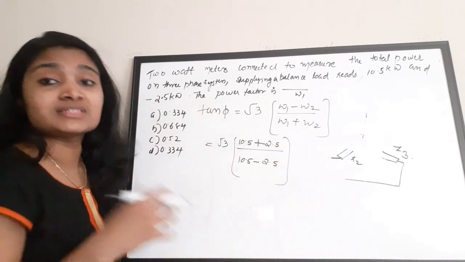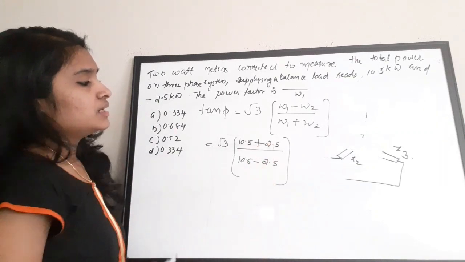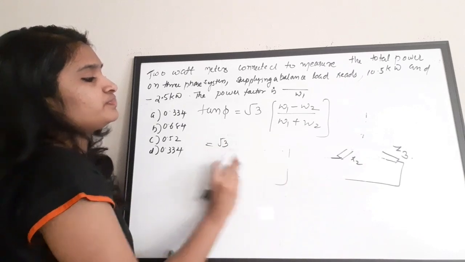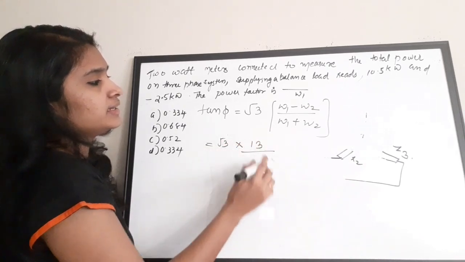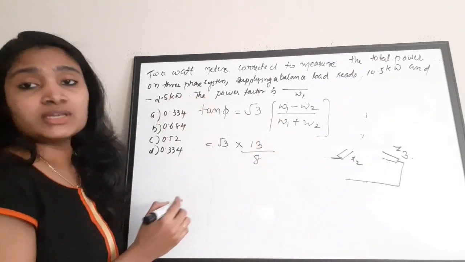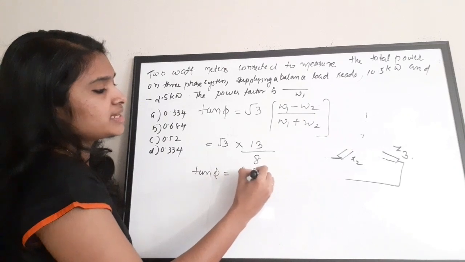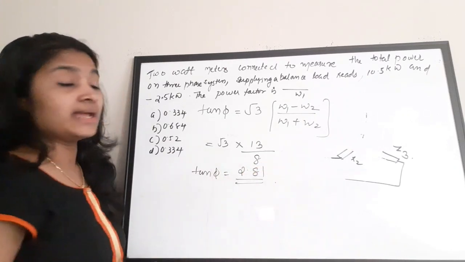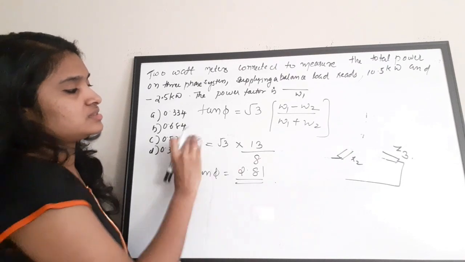The second power was negative; I had not taken that in the earlier calculation. So it is root 3 into 13 by 8. If you solve it, you will get tan phi is equal to 2.81. And you have to take the tan inverse of this.